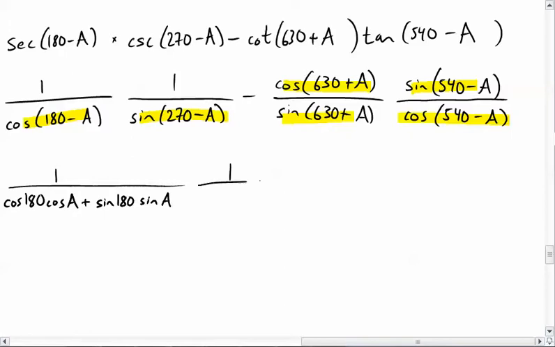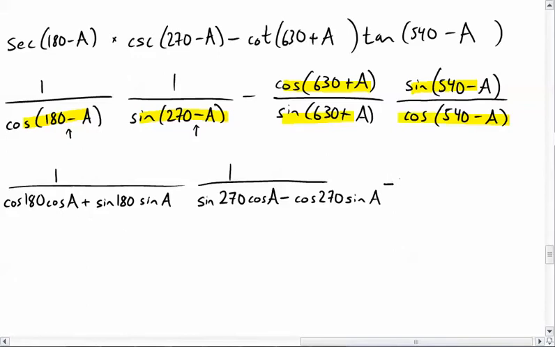Sine, on the other hand, is sine cos minus cosine sine. So the nice thing about the sine identity is that the sign in the middle stays the same, whereas the cosine sign changes. Okay, so there's the first two terms. Already I've used up more than half my page.